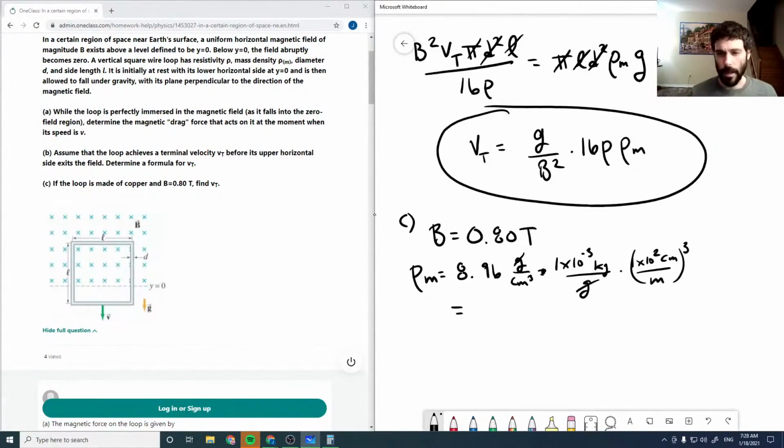And we get a mass density of 8,960 kilograms per meter cubed. And we can look up our resistivity for copper, which is 1.68 times 10 to the minus 8 ohm meters.